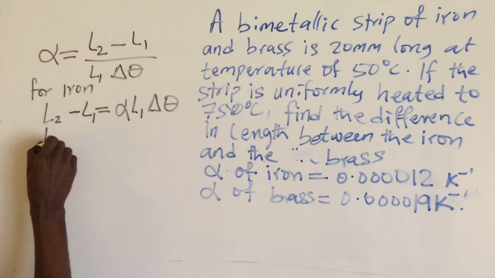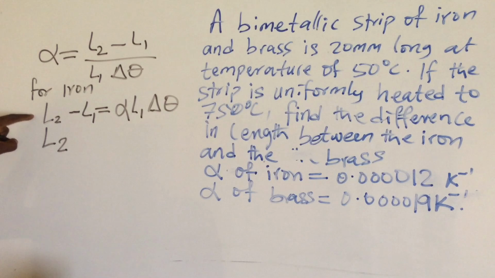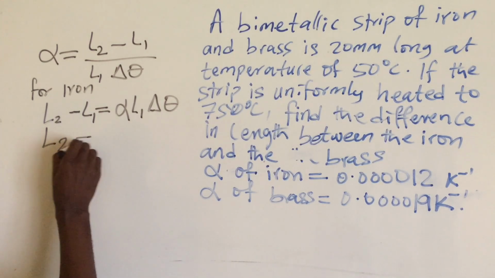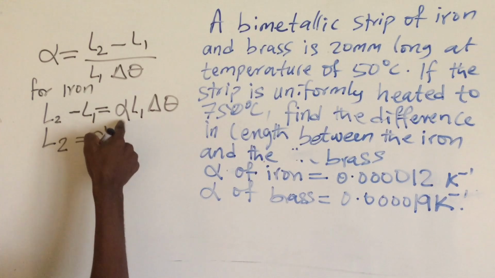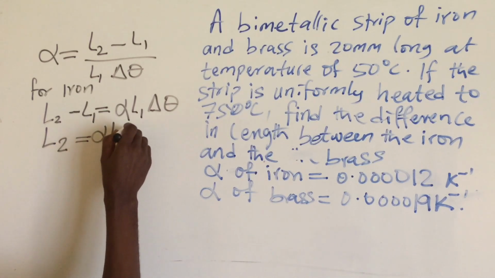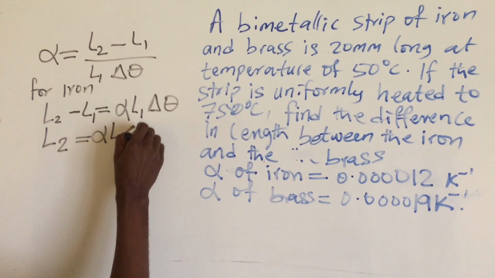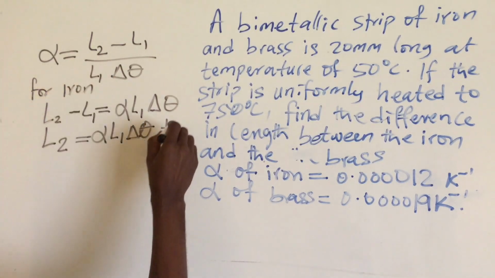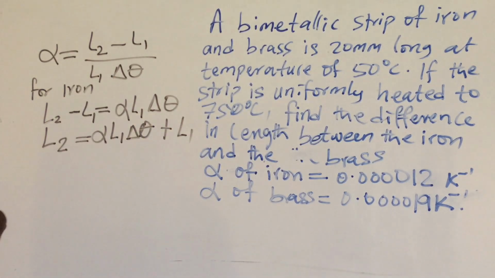The L2 now, making L2 the subject of formula, which is the one we are looking for, okay? We now have L2 equals alpha L1 change in temperature, plus, when this one crosses here, it becomes plus 1, okay? Plus L1. Now we are looking for this.